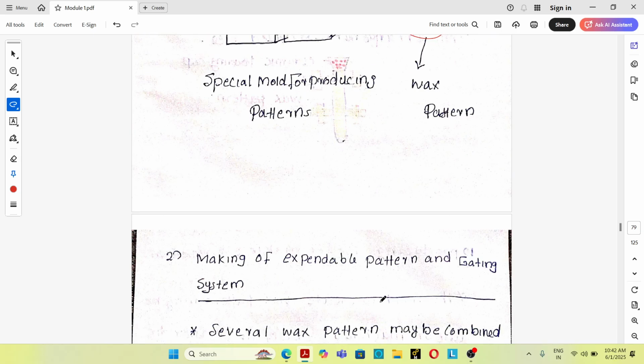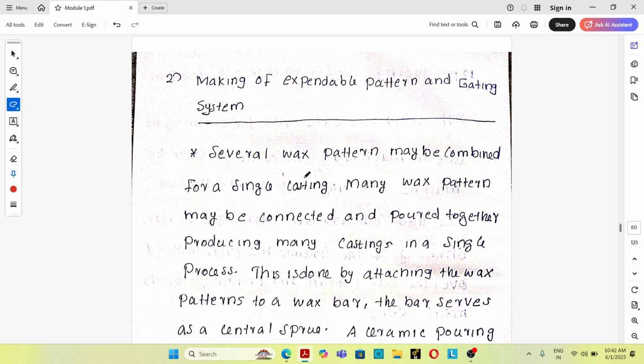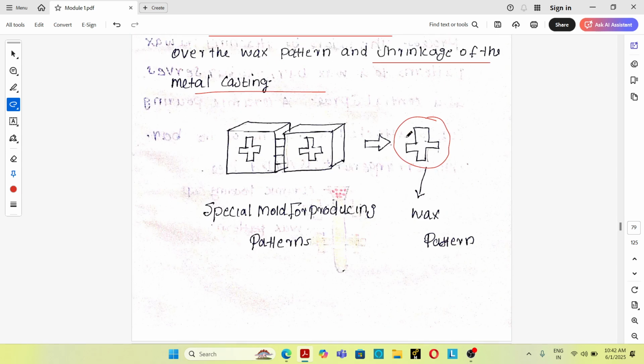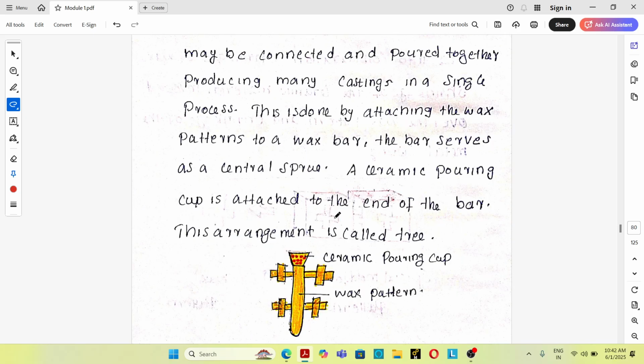The second step is making the expendable pattern and gating system. You can see that this is a wax pattern, and this individual wax pattern is attached to a wax bar. This is known as the wax bar. These are all individual wax patterns attached to a wax bar.